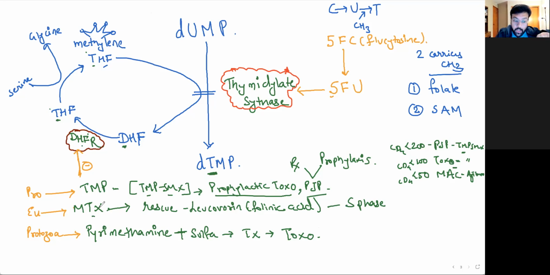But if you give folate in patients who are taking 5-fluorouracil, you may increase the toxicity of 5-fluorouracil. The reason is if you give folinic acid, that's going to combine strongly with dUMP, and that can combine strongly with thymidylate synthase, and that can be more inhibited by 5-fluorouracil. So that's kind of a reverse.